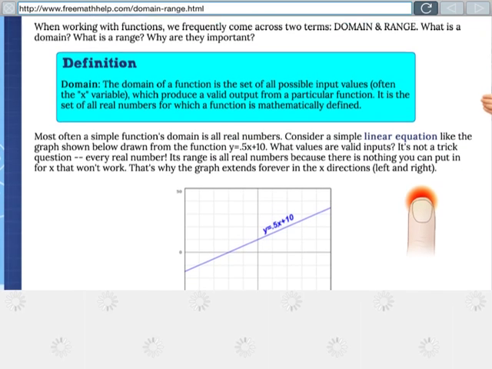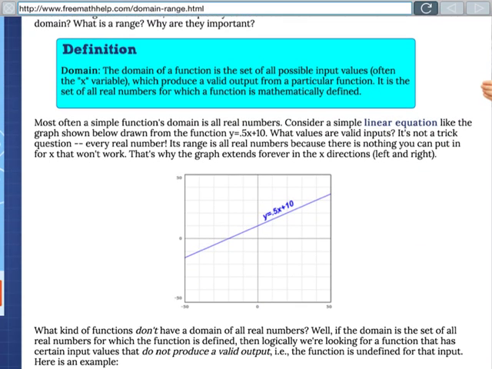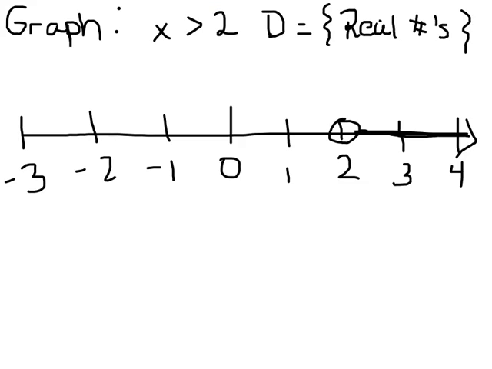For instance, the graph right here. This is a linear graph, but right now all you're going to be told to do is graph a specific set of numbers called the domain on a number line. So let's move on and get to that.